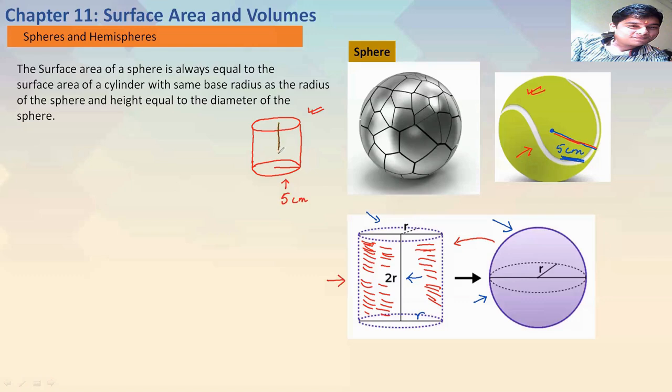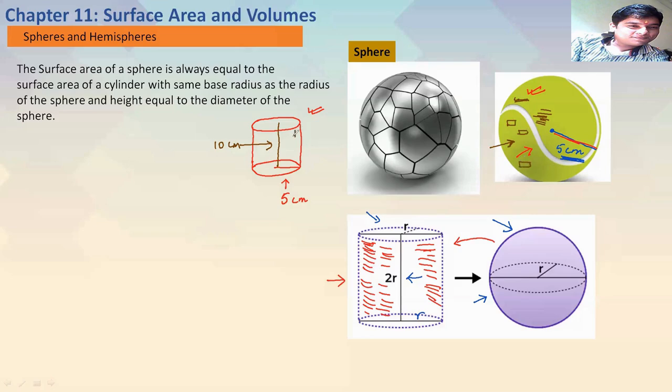So if you can find such a cylinder which has base radius 5 and height 10, what will happen is, if you unwrap this, the tennis balls have cloth over it, right? The outer skin is a cloth, right? So if you unwrap this and cut this cloth into rectangular pieces or any shaped pieces, right?